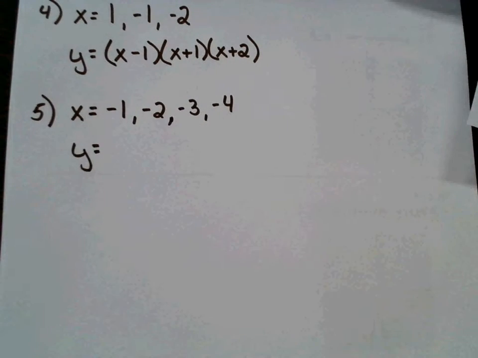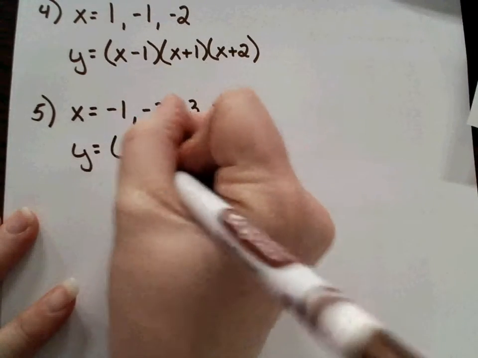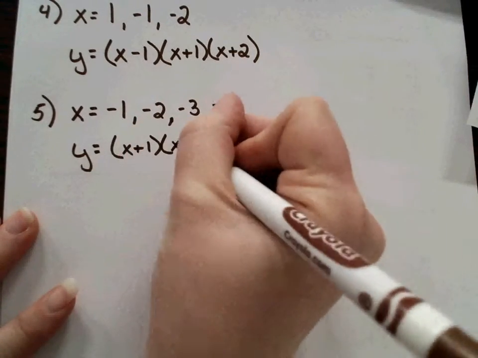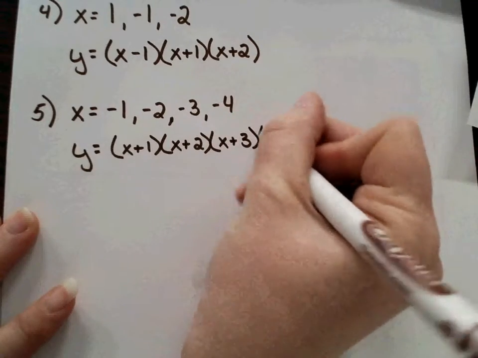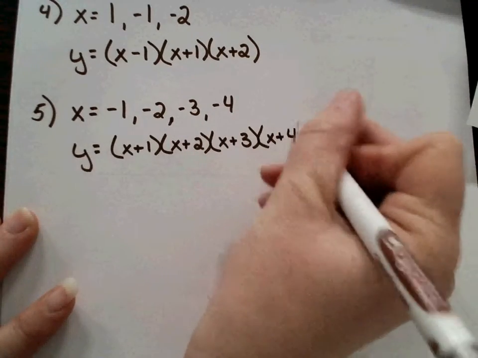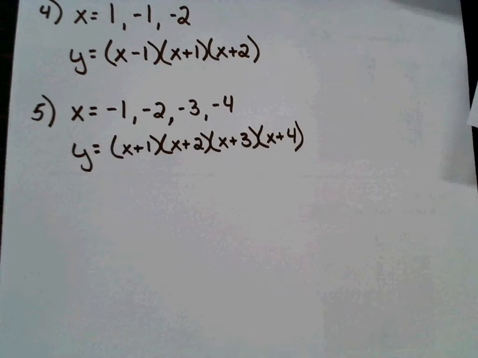Number 5, how are we going to write that out? Yep. So we have how many zeros? How many times am I going to touch my x-axis here? 4 times.